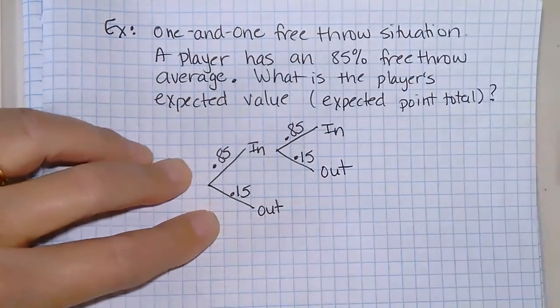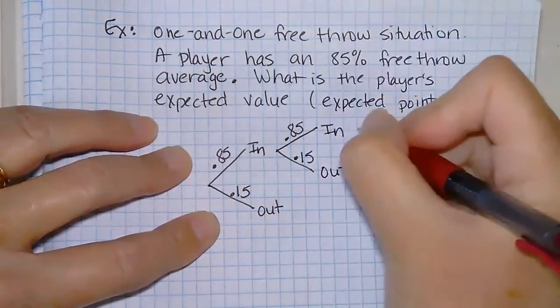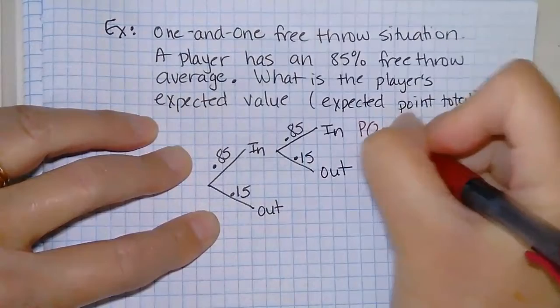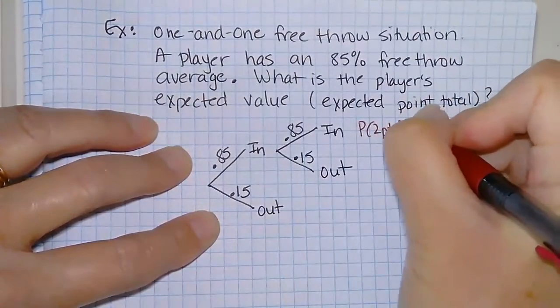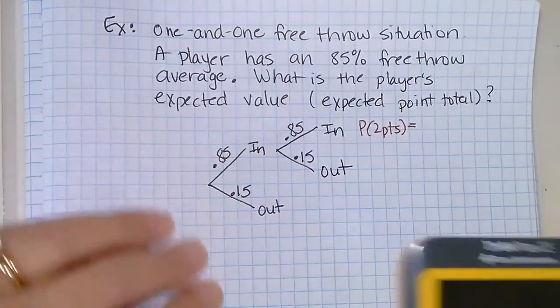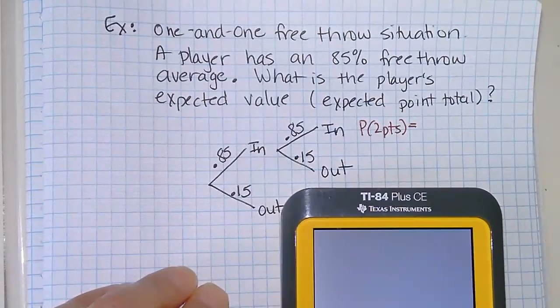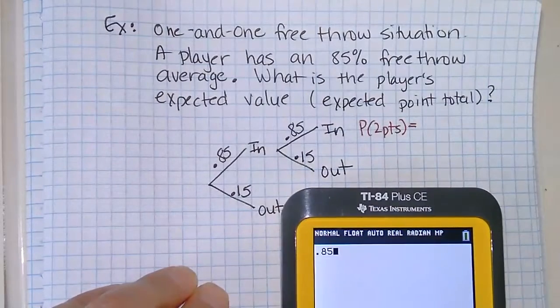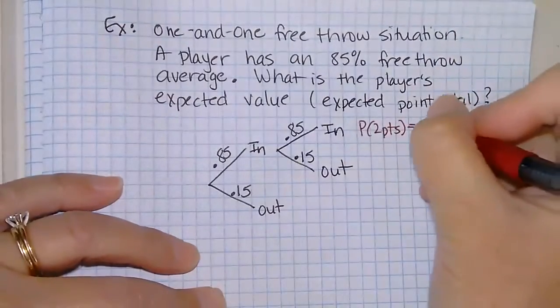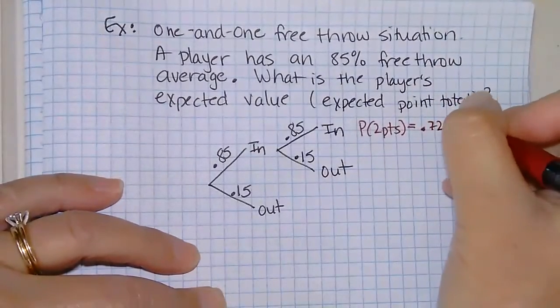So now we're going to work out the probabilities. This one here is going to be probability of 2 points. And so we are going to take 0.85 times 0.85. And we end up with 0.7225.